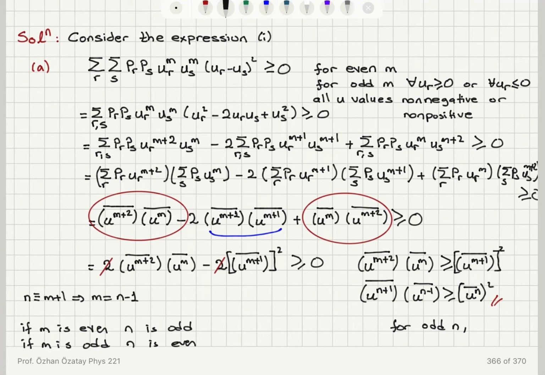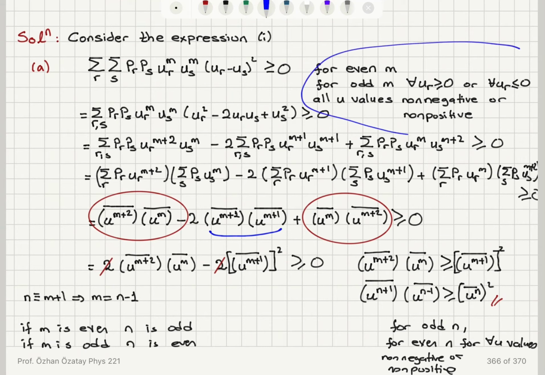So if n is even, for even n, it will hold for all u values non-negative or non-positive. So basically I have translated this statement here and basically checked what happens if n is equal to n plus 1.